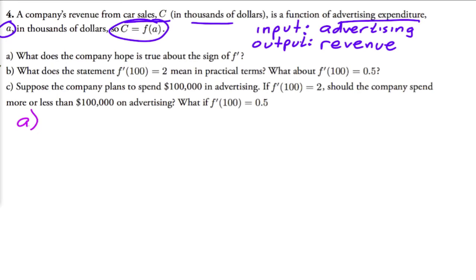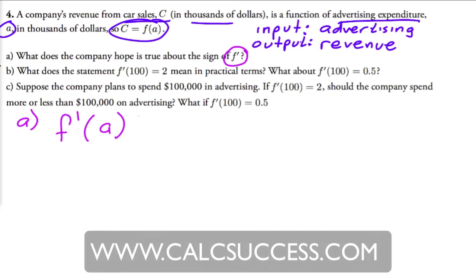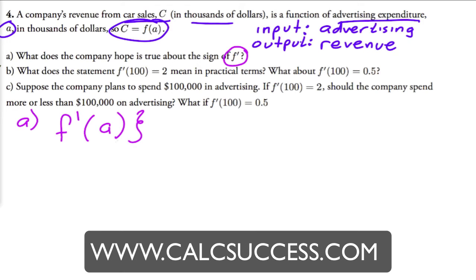So the first question says, what does the company hope is true about the sign of F prime? So F prime, or let's just write F prime of A. To be able to answer that, let's make sure we understand what this means. This is going to give me the instantaneous rate of change.